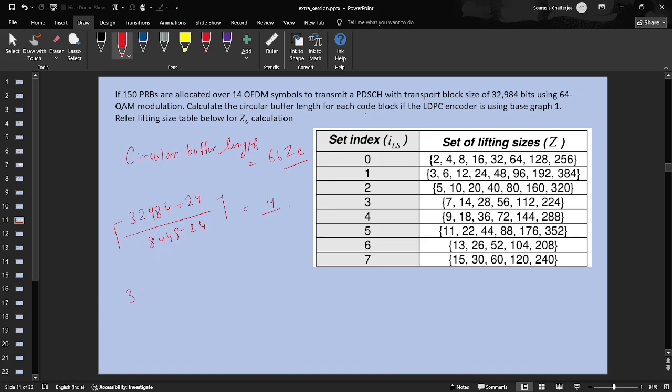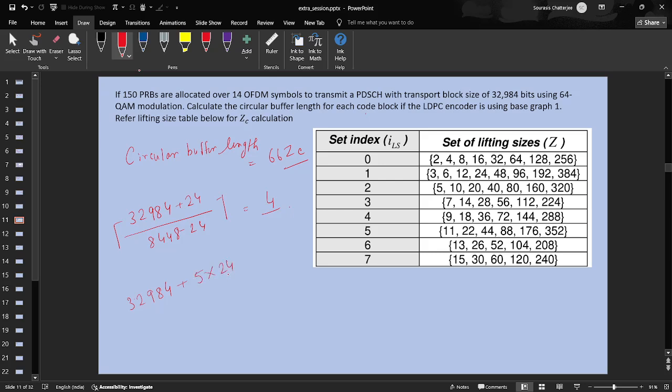That means 32984 plus one transport block CRC of 24, and four code block CRCs.